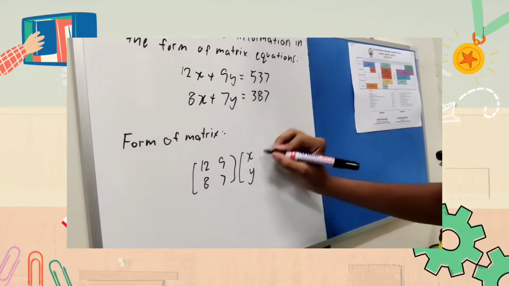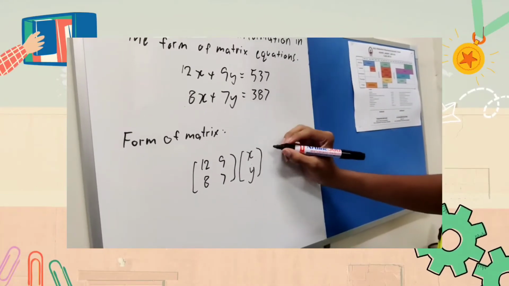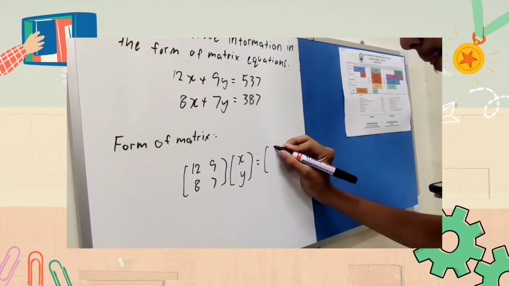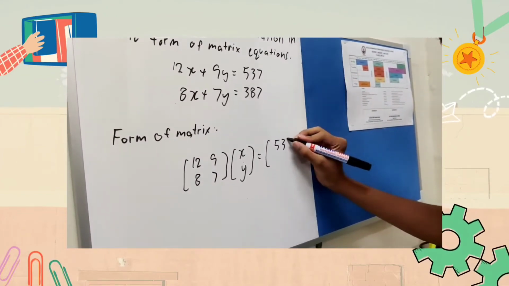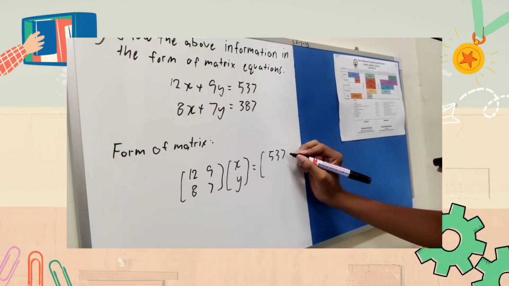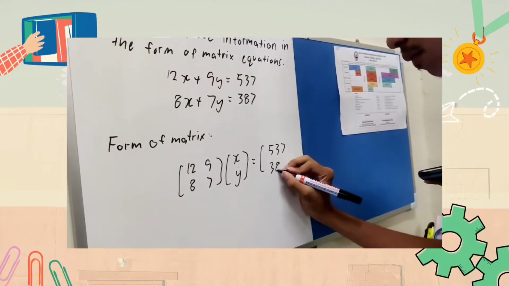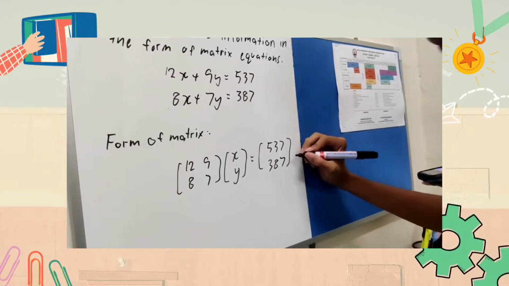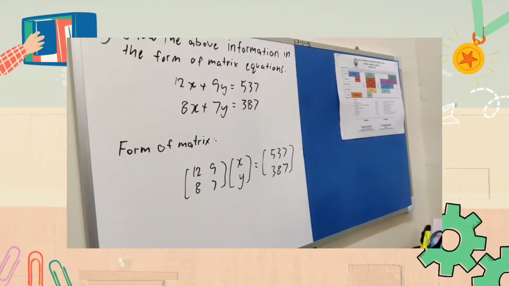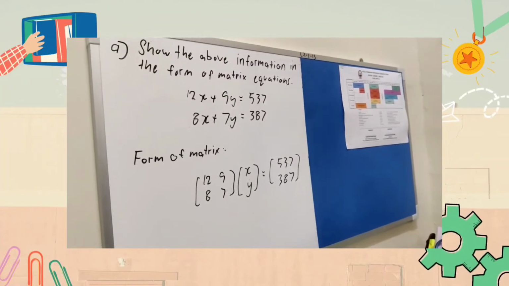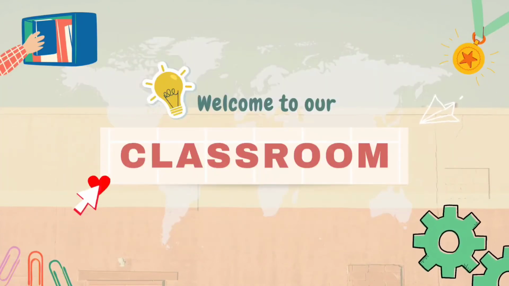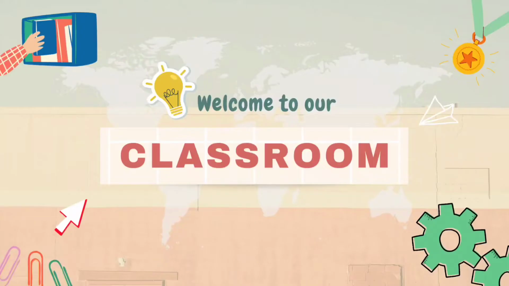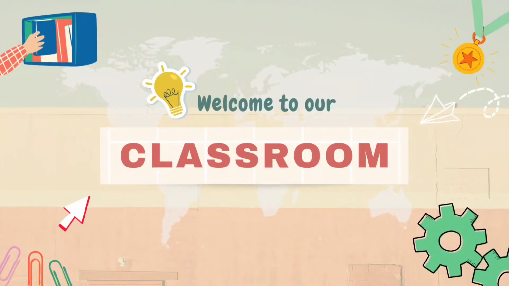Next, open the bracket and put s above, y below, and close the bracket. The same as opening the bracket, write 537 above and 387 below, and then close the bracket. Okay, now I will pass to Haikal to explain question B.